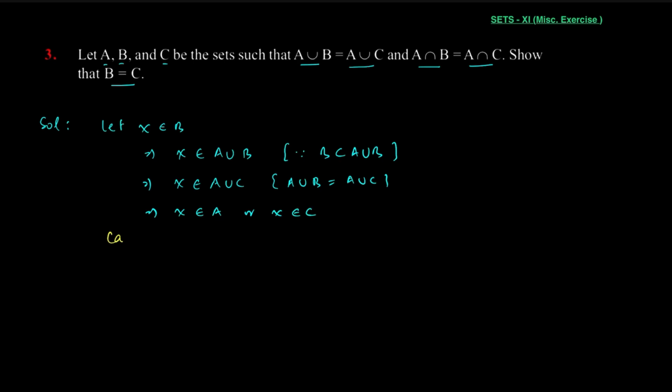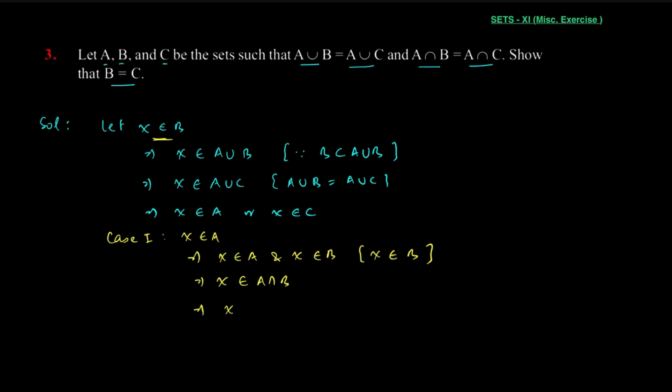In the first case, we have X belongs to A. So this will imply that X belongs to A and X belongs to B. As X belongs to B, this is where we started from. This implies that X belongs to A intersection B, as X is present in both.